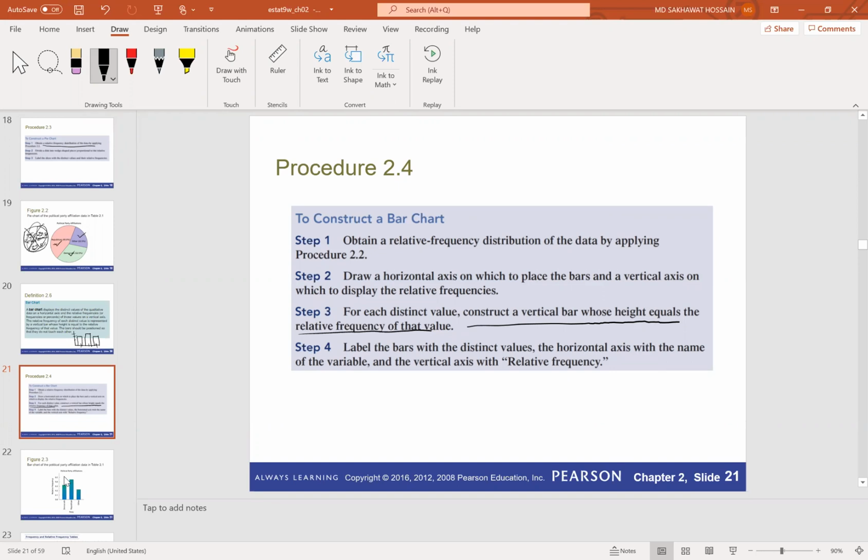The name of this axis is party, and the name of the vertical axis is relative frequency. And this is the title of this graph. The data is about political party affiliations, so that's why we gave the title political party affiliations.